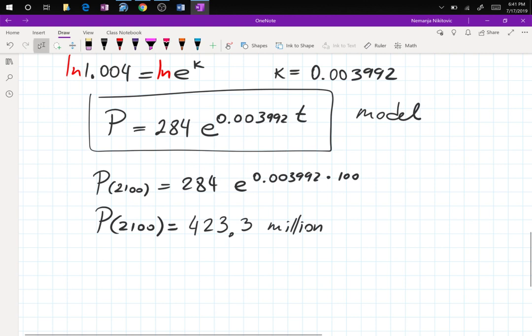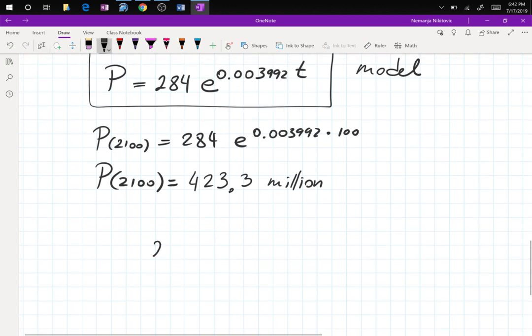Now, we also have the doubling time. Doubling time means in what year you are expecting to see double the population, right? So if you are starting with 284 million, you want to see double the population, so this is times 2, so 568 on this side, and then e to the 0.003992 t. t is a variable. Now the greatest thing about this is that you do not have to put these numbers in, because it doesn't depend on the population.